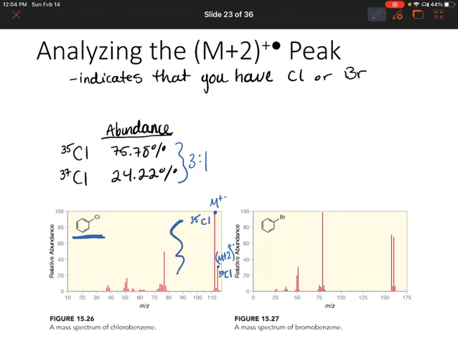You'll notice that the ratio of those peaks is about 3 to 1. So if you see two peaks in your rightmost cluster, and they're about 3 to 1 in terms of ratio, then that means that you have chlorine in your original molecule. Now, there is still an M+1 peak kind of hiding down below, and again, remember that's due to carbon-13.